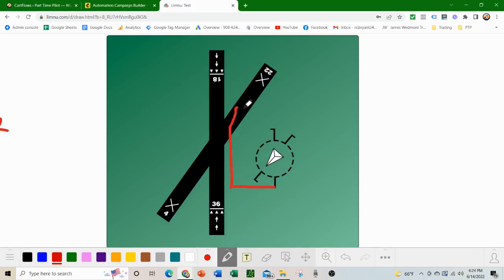So if we drew wider traffic patterns, you can kind of start to see the areas where ATC wants to sort of avoid traffic. So the answer, yes, is the southeast.